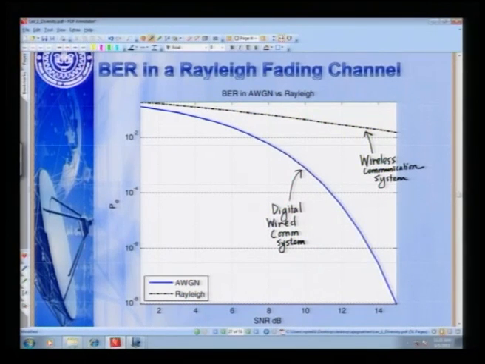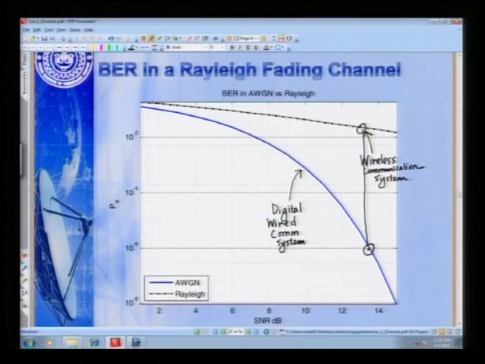For instance, you can see here we marked this point at which it is 10 power minus 6. At 13.6 dB, we said the bit error rate of a wired communication system is 10 power minus 6. Now, at the same 13.6 dB, let us look at the corresponding bit error rate of a wireless communication system, that is not even 10 power minus 2.